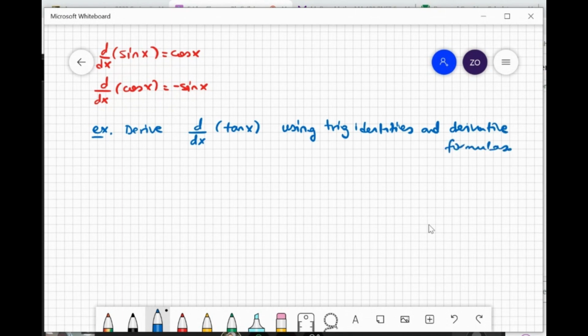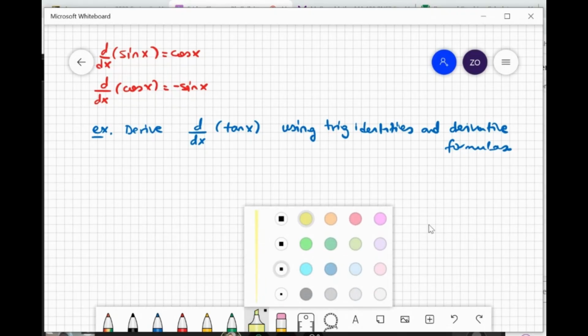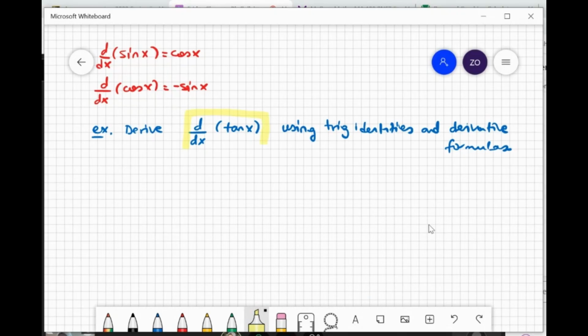Using the trigonometric identities, we will rewrite the tangent as a function of sine and cosine. And since we know the derivatives of sine and cosine, we will make use of the rules that we learned for the derivatives to obtain the derivative of the tangent function.